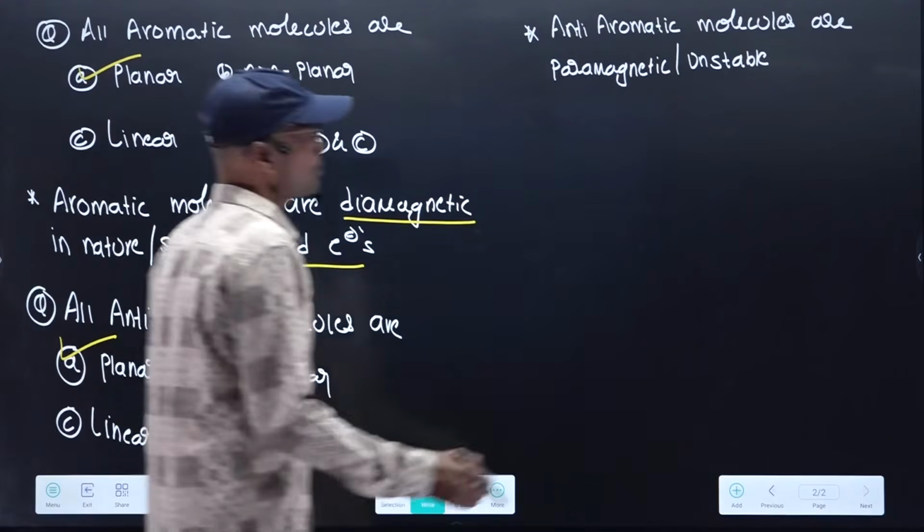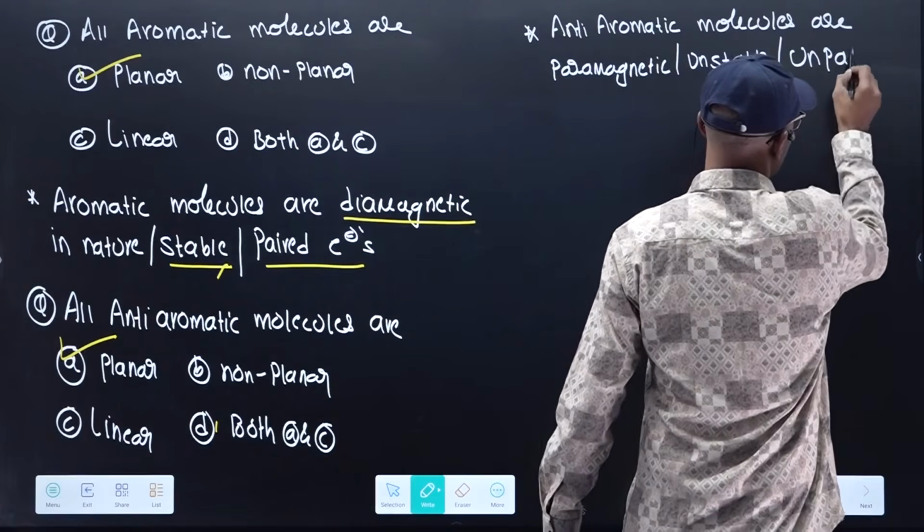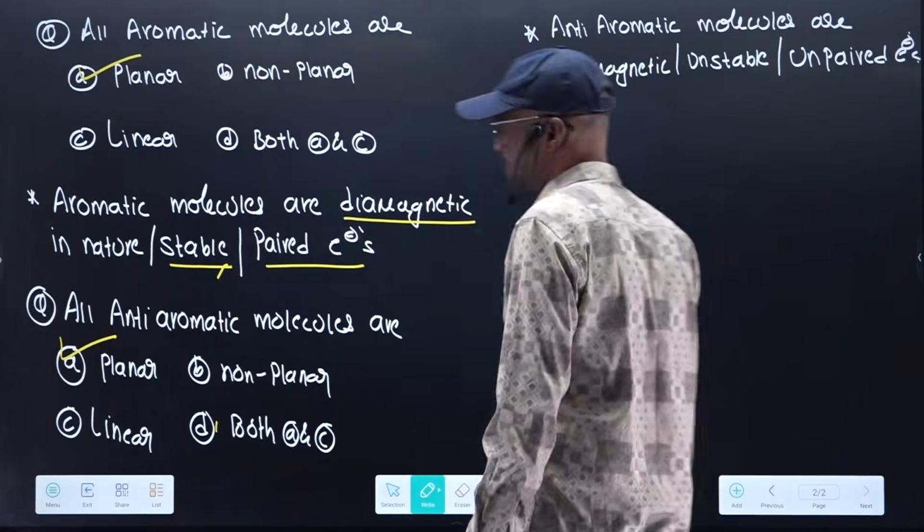If it is unstable, do you get unpaired electrons or paired electrons? Definitely unpaired electrons are present. So many unpaired electrons are present.